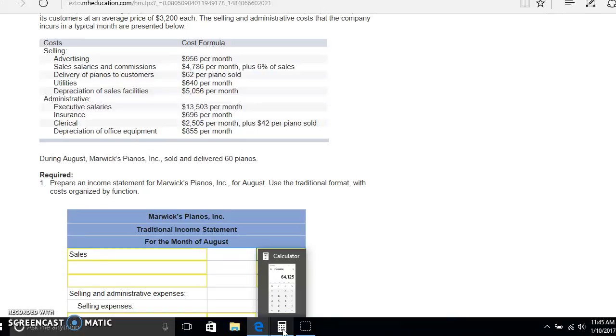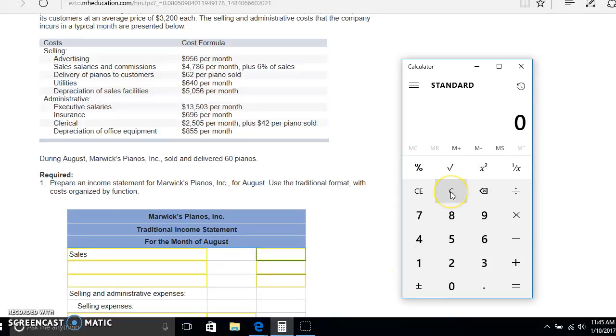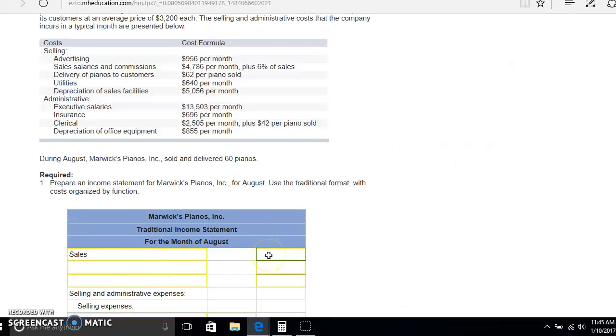So I don't know if you had 60 or 57, but either way, whatever you get, just realize that we're going to do some different things. So if we sold 60 pianos and the average price of each piano was $3,200, then we're going to do 3,200 times 60. So our income for this month was $192,000.